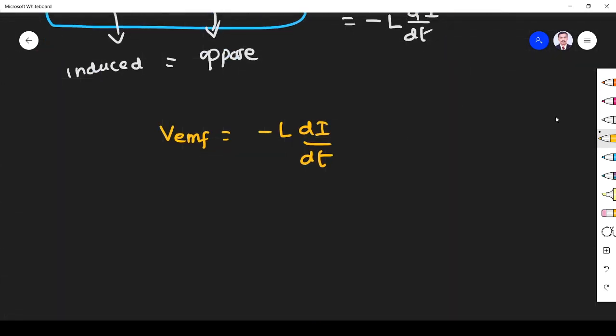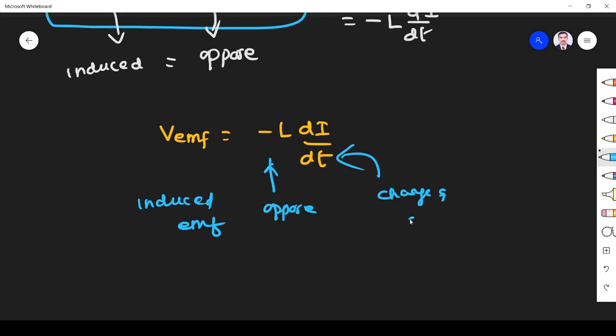From this we can say that the induced EMF opposes the change of current, or time varying current, where the current varies with respect to time.